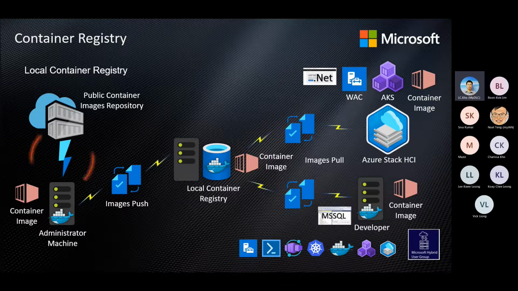And for the secure socket layer certificate, there are two different types. You can have a self-signed certificate, which is generated by the local container registry engine itself, and you have to export it and import it into all the machines that want to connect to the local container registry.